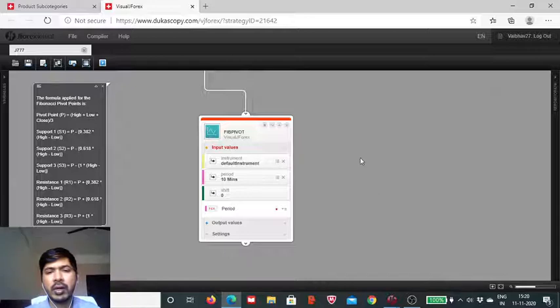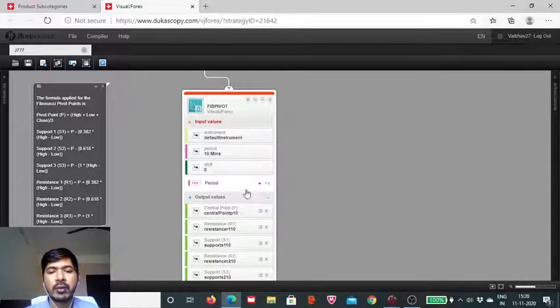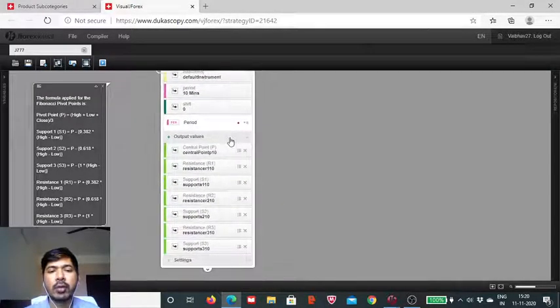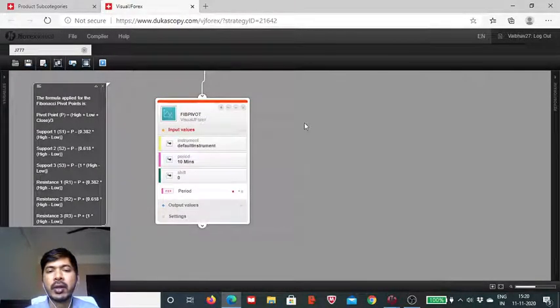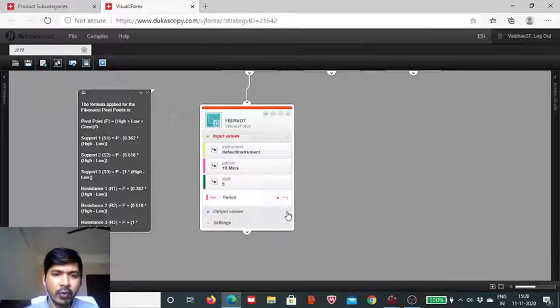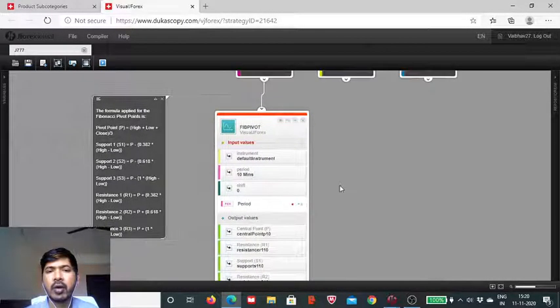Now coming to the customization of the Fibonacci pivot point, we have to define these 4 parameters, depending on which we will have these output values: the central point, and 3 resistance and 3 support zones. So we will have 7 output values in all, and these 4 custom parameters are of high importance.